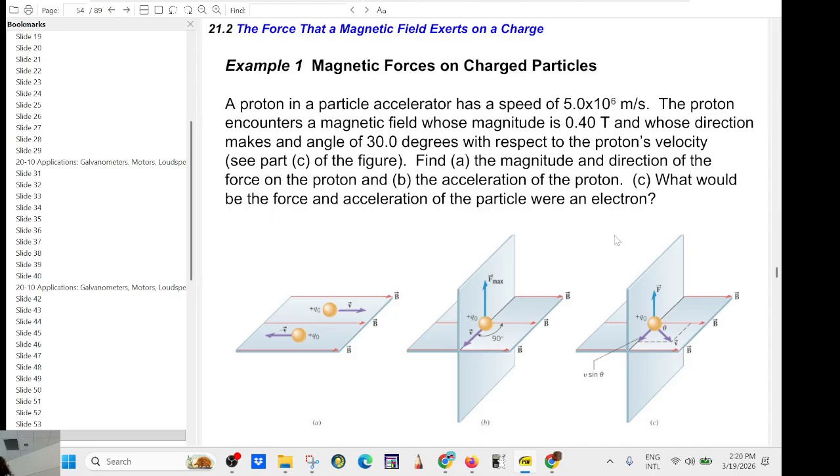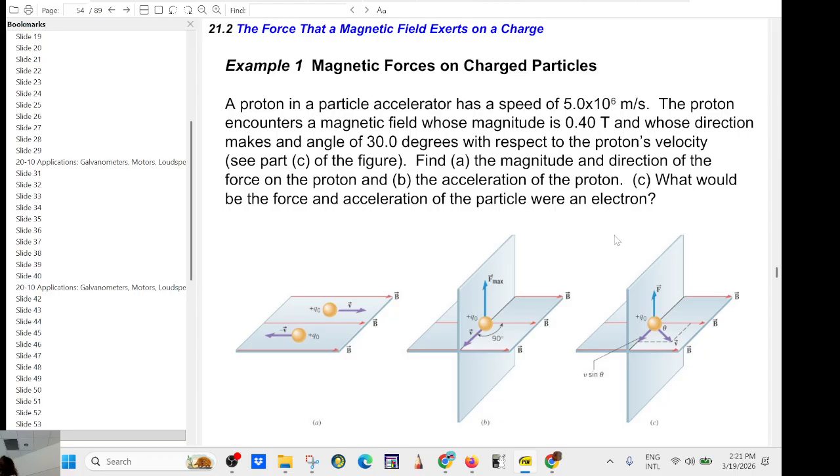If the charge is not moving, the magnetic force equals 0. If the velocity is parallel or anti-parallel to B, no force. If it's a neutron, if there is no charge, no force. If it's not moving, no force.